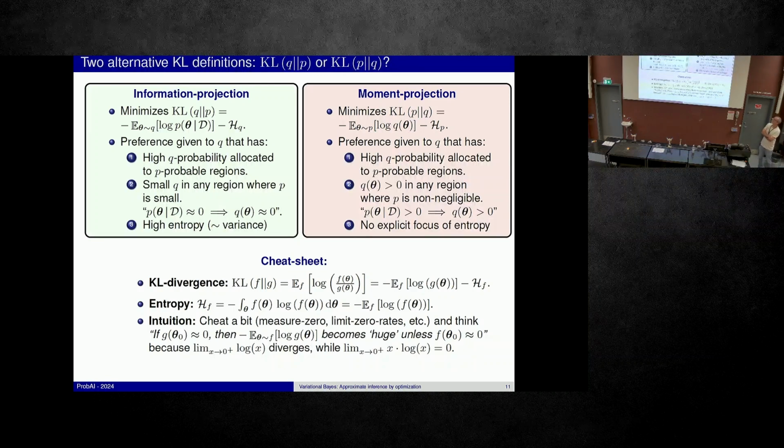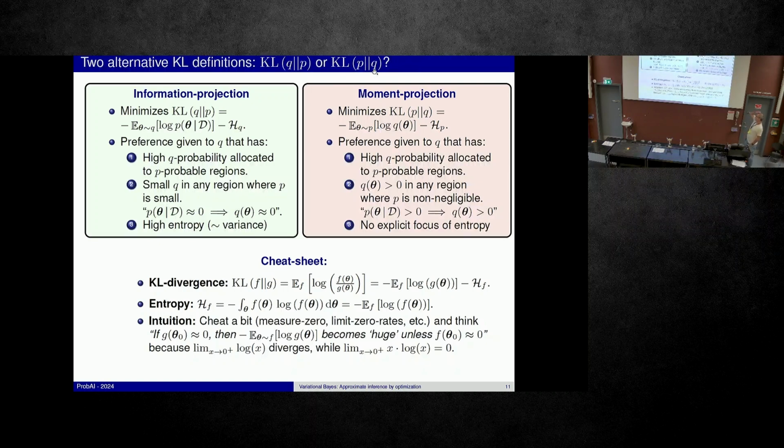So yes, there is a difference between going QP and PQ, and now we will look at those and see which one is meaningful for us. As we noted, Kullback-Leibler is non-symmetric. So we have to think about whether we are going to do the distance from the approximation to the target or from the target to the approximation.